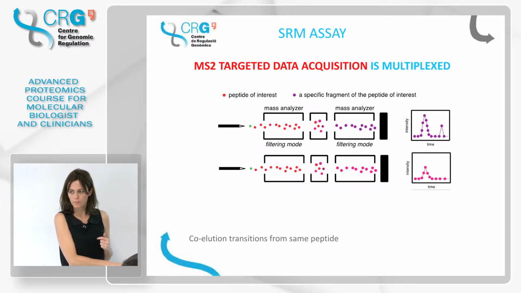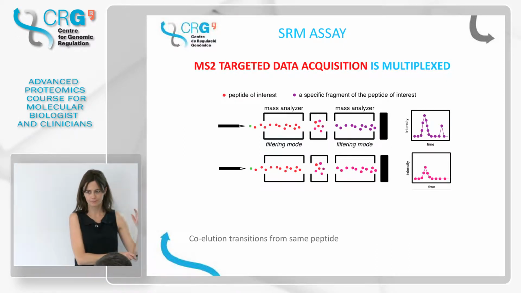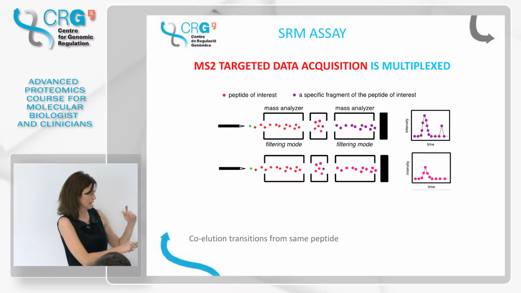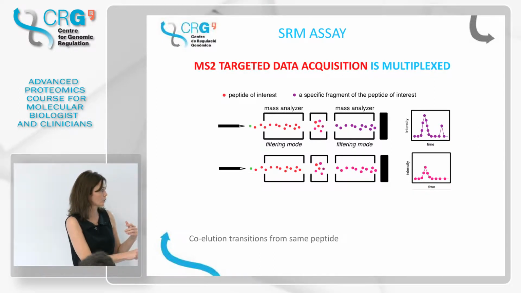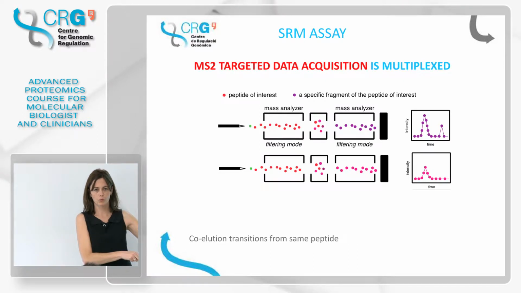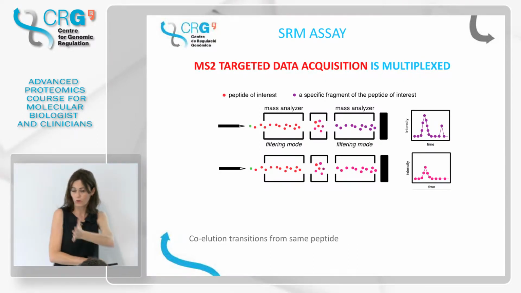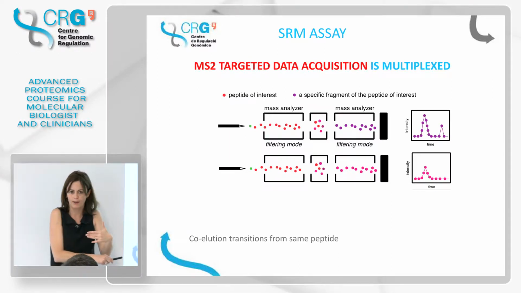Because when we measure this peptide and its fragment, this transition, instead of measuring in a continuous way, we can take measures at these points, and then we have extra time. What do we do with this extra time? We can measure, for example, another fragment of the same peptide.